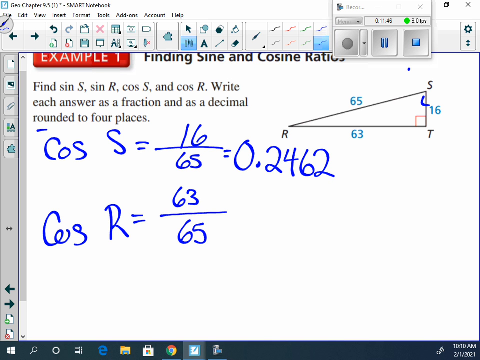And if we divide these, what do we get? 0.9692. That's kind of interesting, isn't it? Because the value for sine of S and the value for cosine of R, they were the same, weren't they? And cosine of S and sine of R were the same.